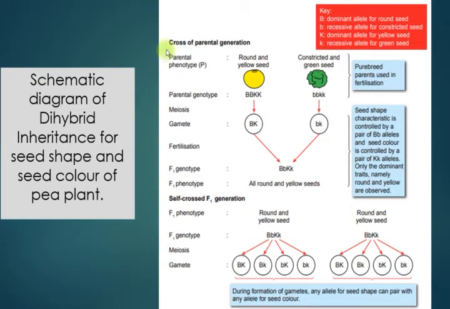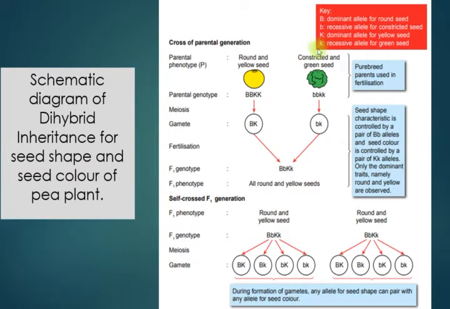This is the schematic diagram. Before you construct your own schematic diagram, make sure you understand the key. The key represents the allele. Actually, you can choose any letter to represent the allele.